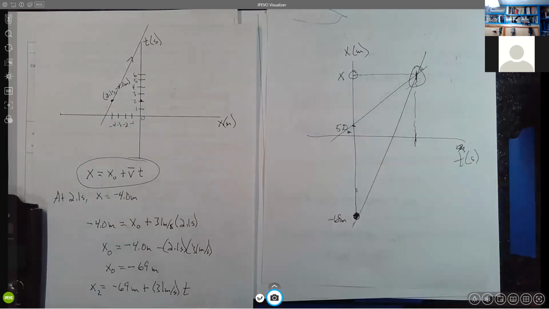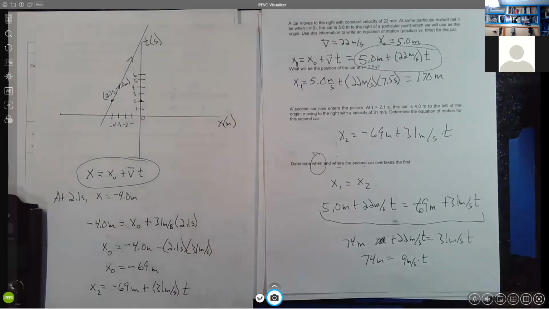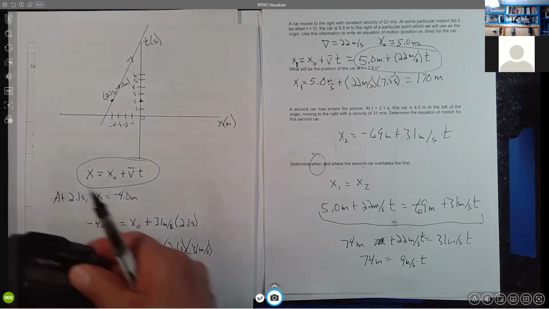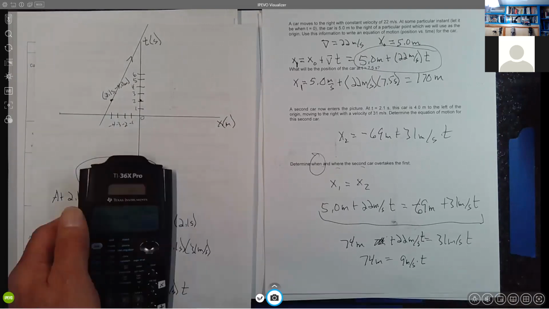All right. And so if you go back, you flip the paper. Yeah. All right. And so by solving it, you find that it overtakes the second car at 74 meters at. Well, I'd have to divide both of these by 9 meters per second, and then I'd get some time, actually. 74 divided by 9, and I get about 8.2 seconds.